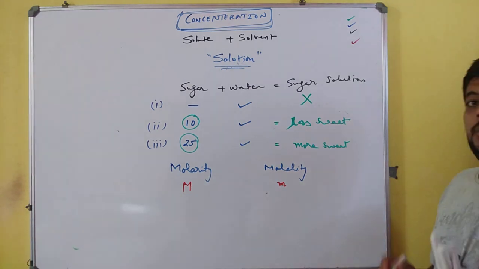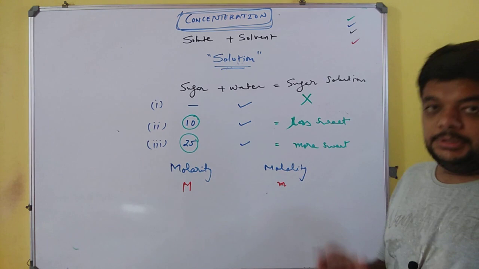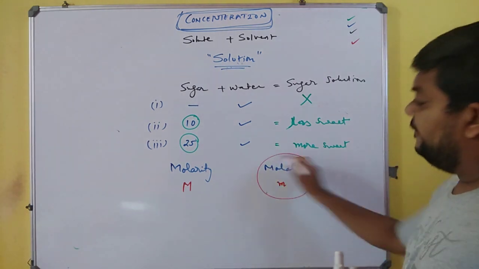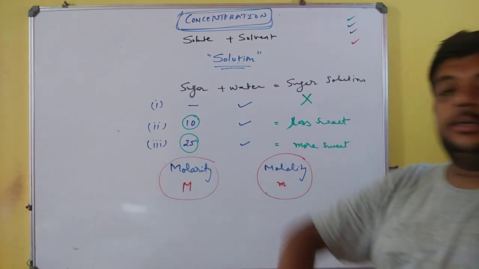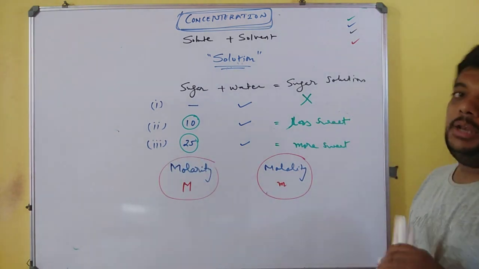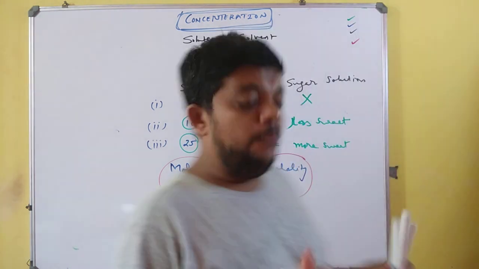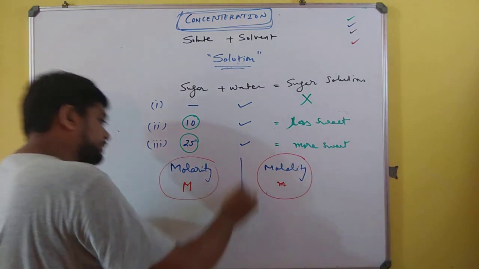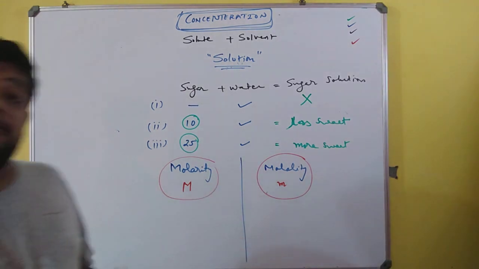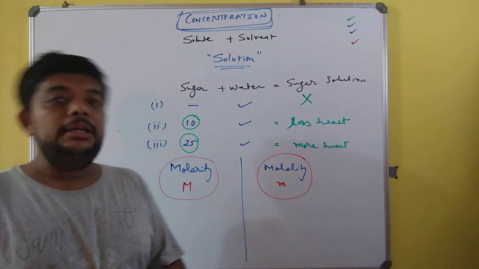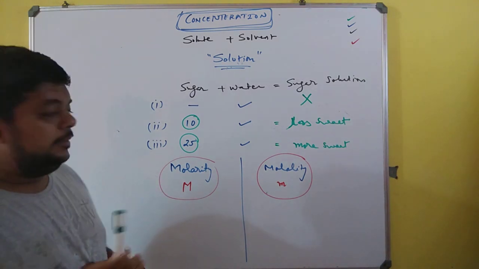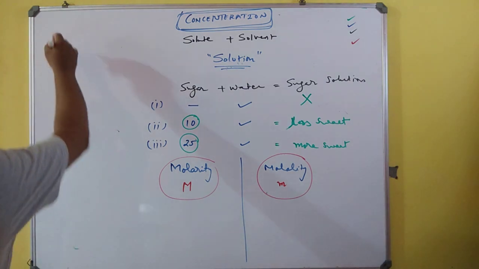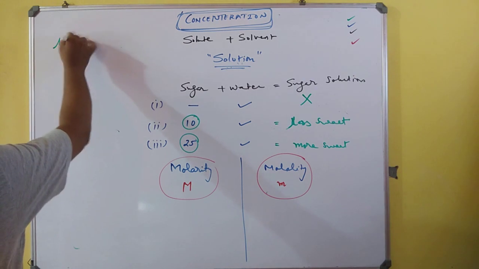So today our main aim in this video would be to solve different numericals related to molarity and molality. But before going into that numerical part, we will take a simple example over here to differentiate the idea behind molarity and molality.